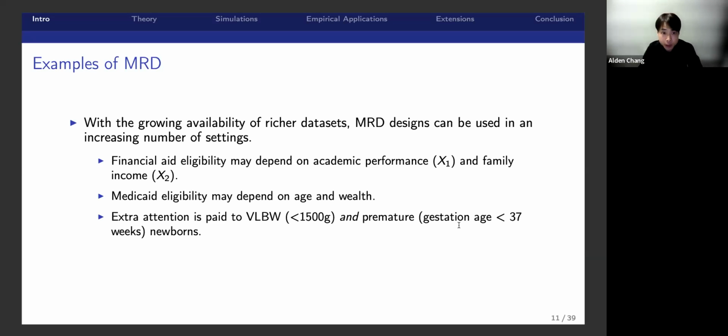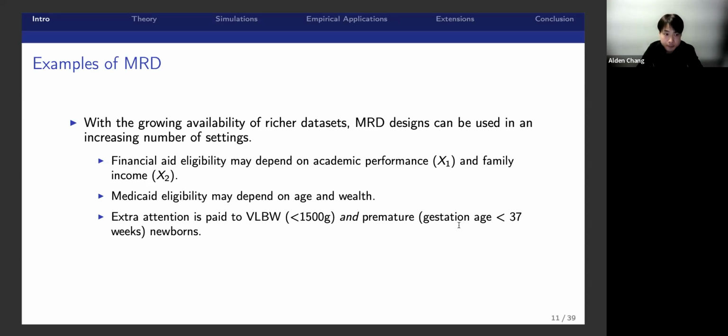So with the growing availability of richer datasets, MRD designs can be used in an increasing number of settings. In the previous example, we saw that financial aid may depend on academic performance and family income. Another example is Medicaid eligibility, which in some states depends not only on wealth, but also on the age of the individual.